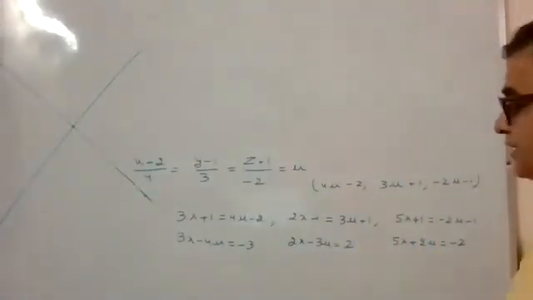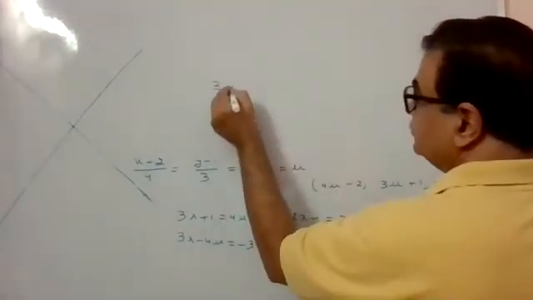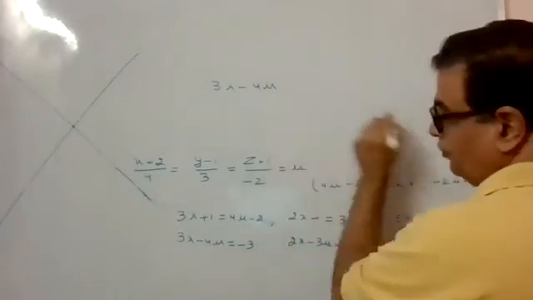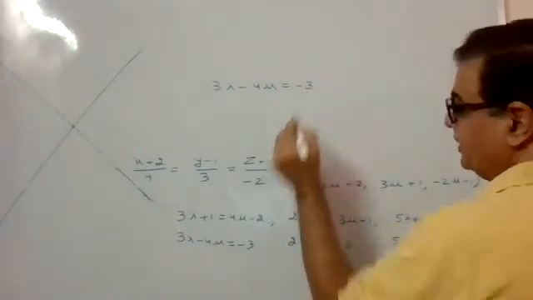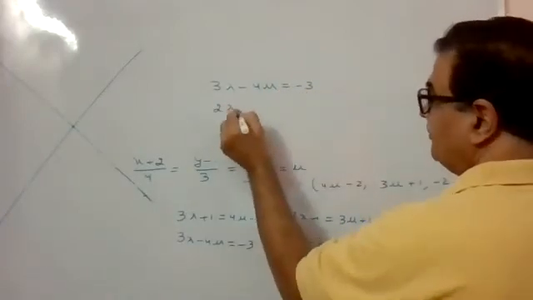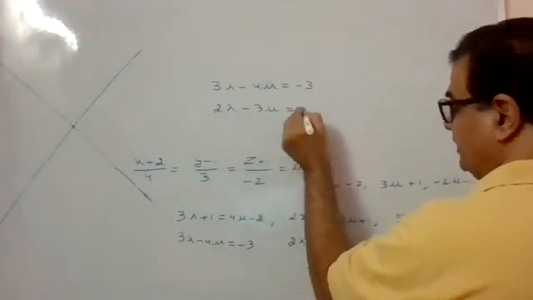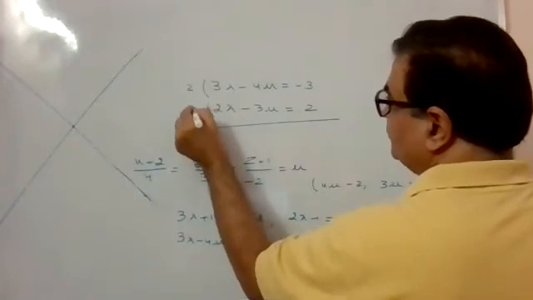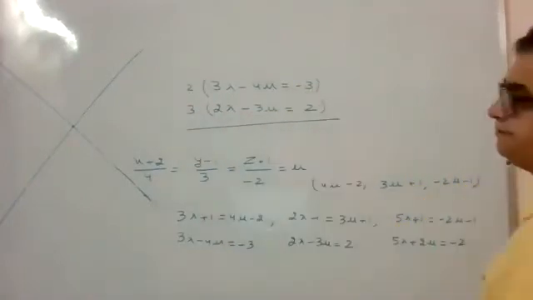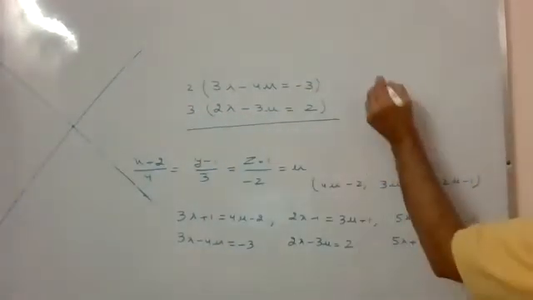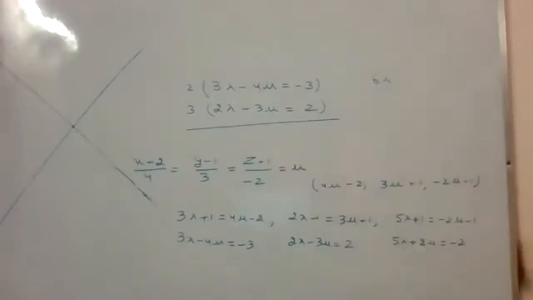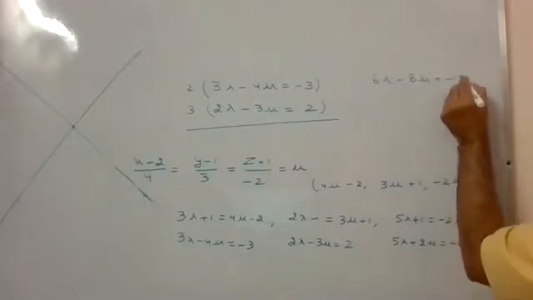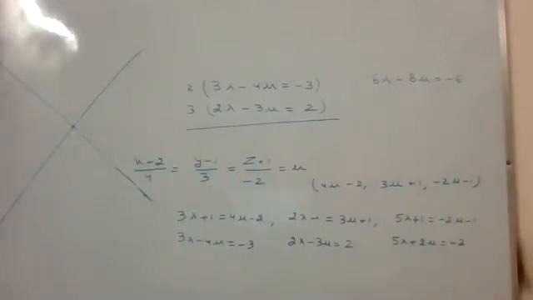Now we will solve the first two. 3 lambda minus 4 mu is minus 3, and 2 lambda minus 3 mu is 2. When you solve it, multiply the first by 2 and the second by 3. 2 threes are 6 lambda, minus 8 mu comes out to be minus 6.